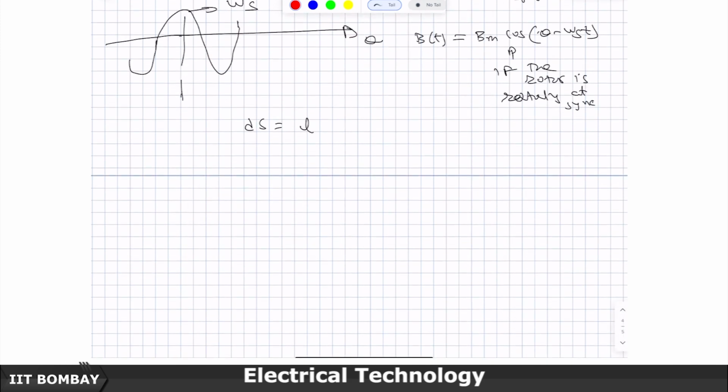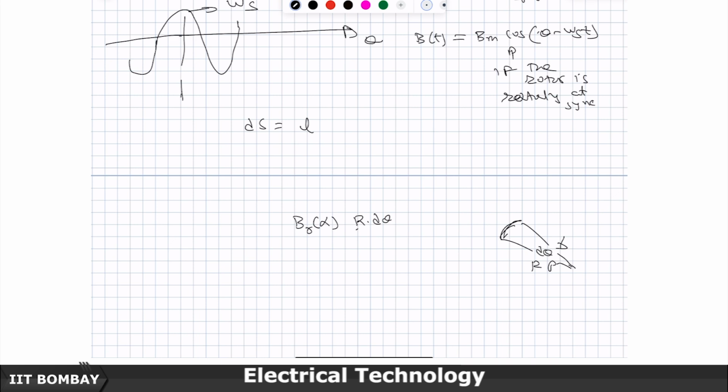So, what I need to do is B r alpha into the arc, a small arc centered at a radius r and an angle of d theta will create an arc of r d theta, and then this has a depth of L.